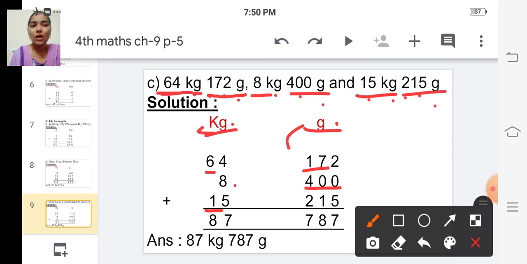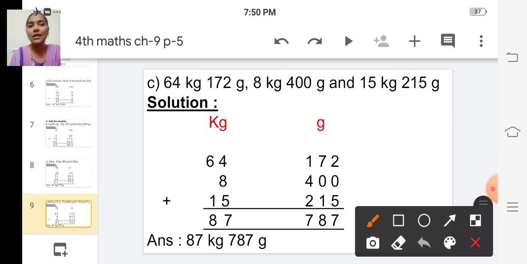Okay, so now we are going to add these 3 weights. So starting from right hand side. Okay, so 2 plus 0 is 2 and 2 plus 5 is 7. Okay, and 7 plus 0 is 7 and 7 plus 1 is 8. Okay, so 1 plus 4 is 5 and 5 plus 2 is 7.